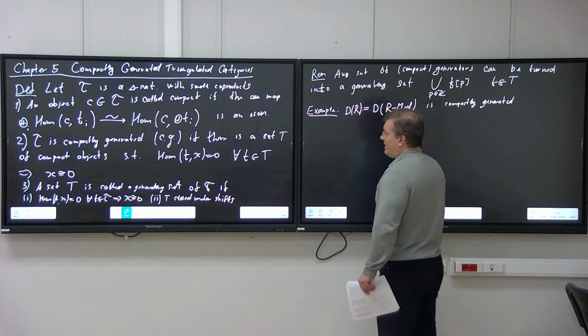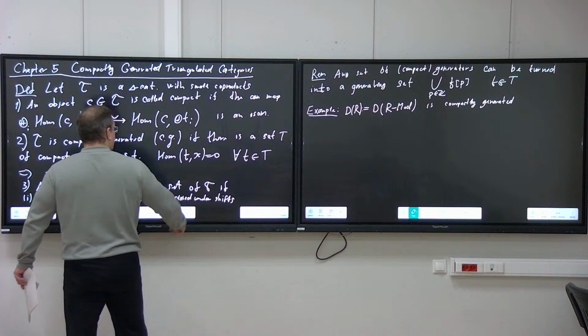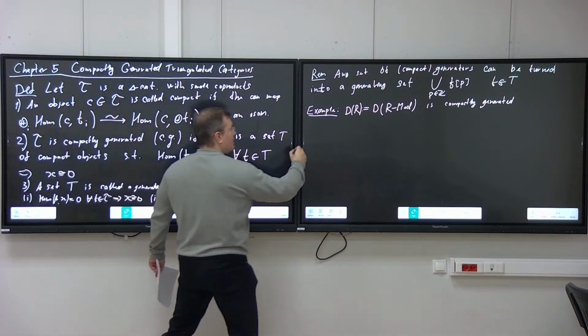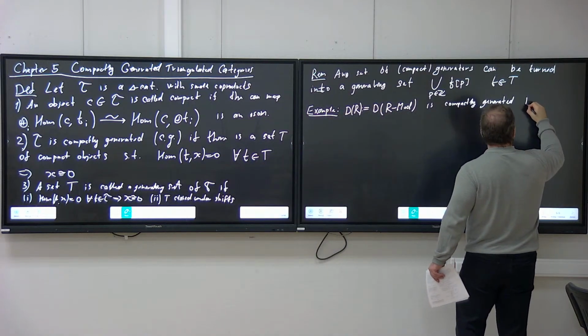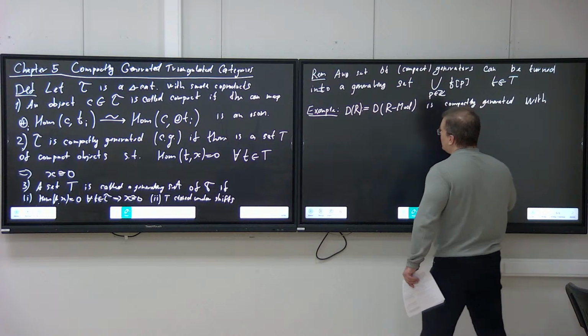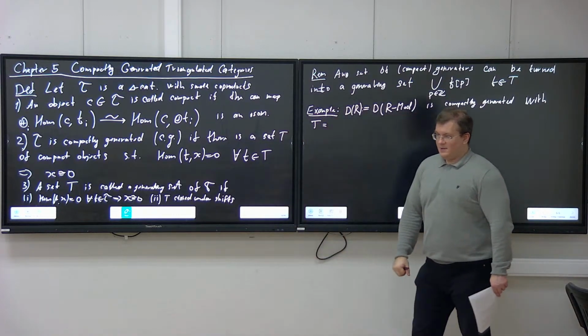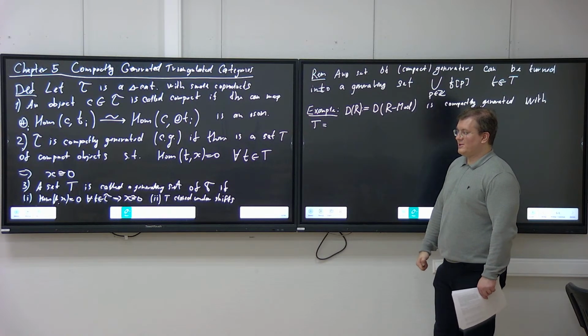Okay, and Y was the generators in this case, so I need this set T of generators, so I need to write that T is equal to something. What was your idea? What's the generating set?